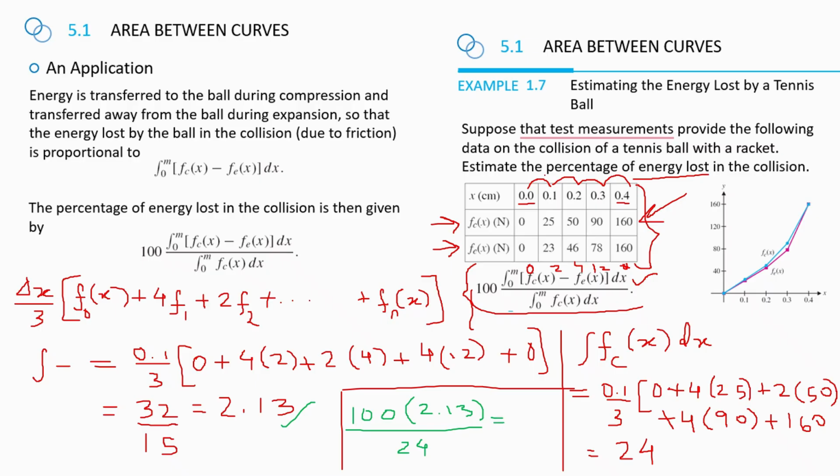And what do you get? Please comment below. 8.9. It's a rough estimate of 10%, rounding off to the tenth place. Now to conclude, you can subtract this from 100 and you can say with over 90% of the situation, it is a lively tennis ball.